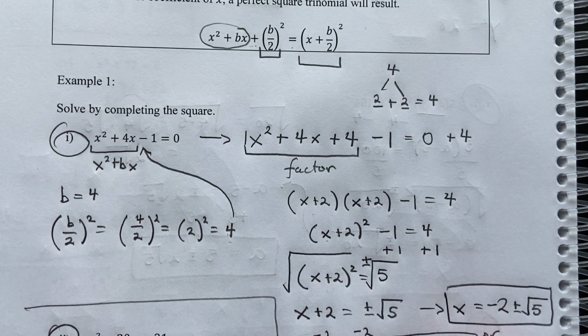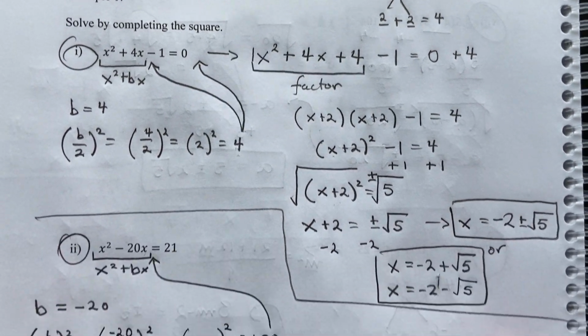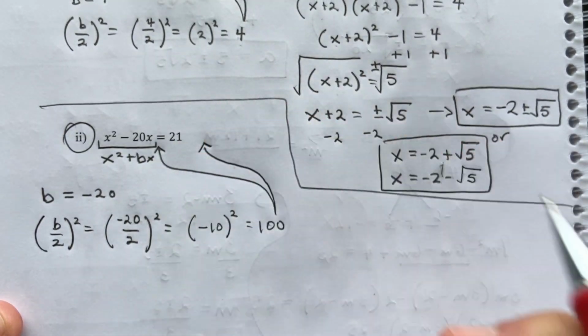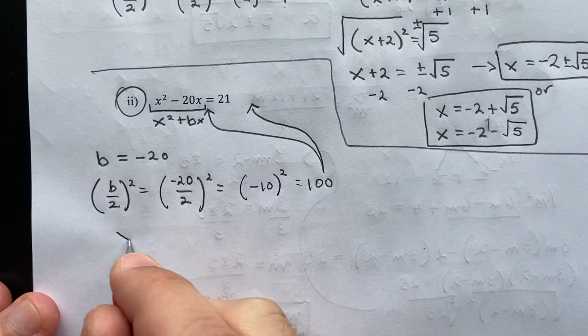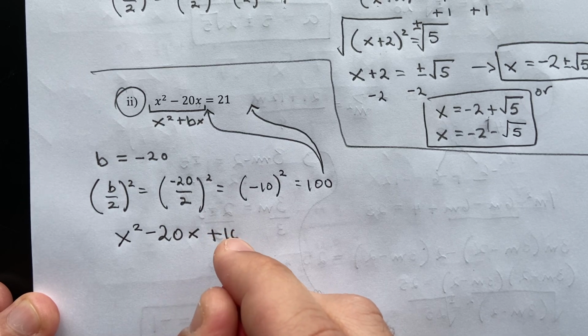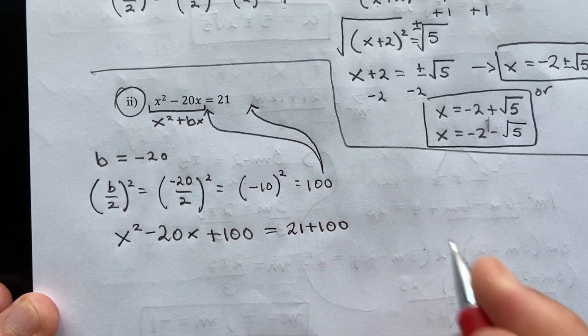And just like I eventually added the 4 to both sides, I do need to add this 100 on both sides. So we'll have x squared minus 20x plus 100 equals 21 plus 100.